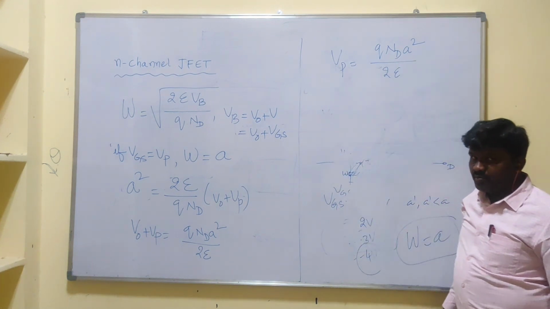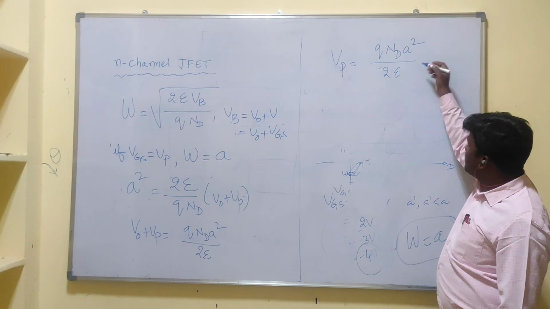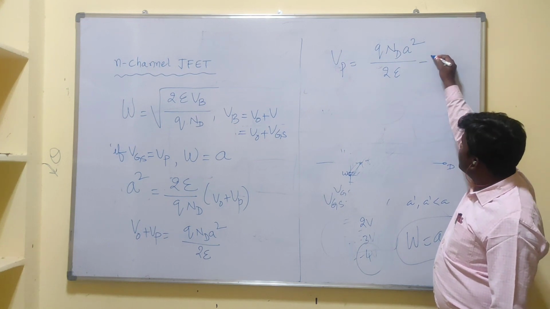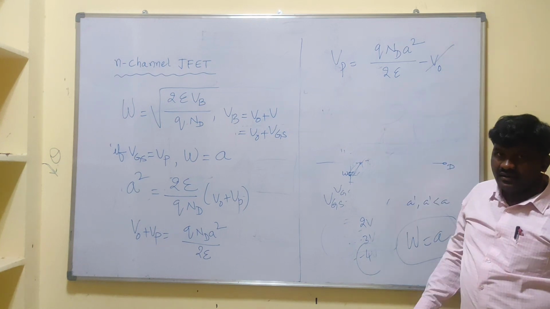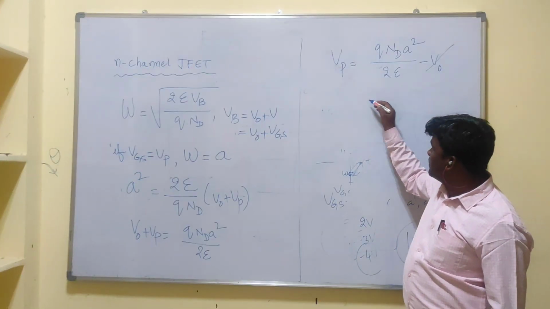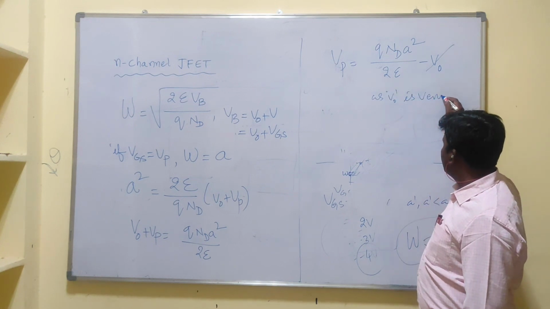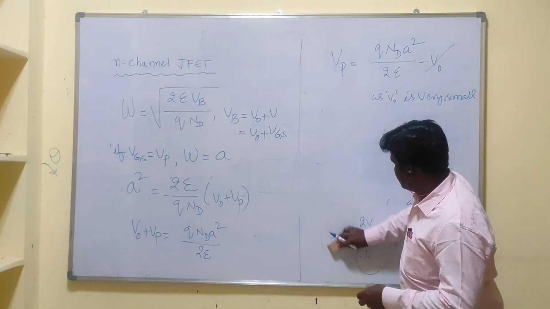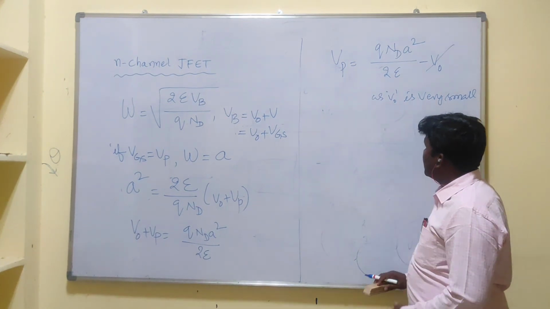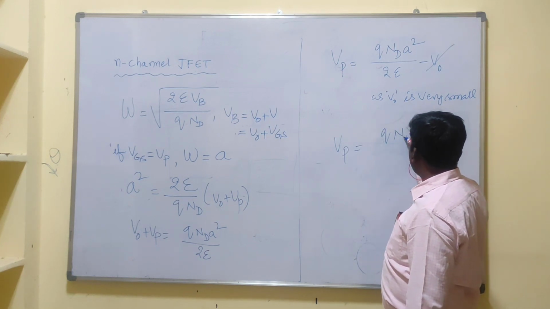Epsilon is the permittivity of the material, and here V0. As this V0 is very small, we can neglect this one. We will get VP as Q into ND A square by 2 epsilon.